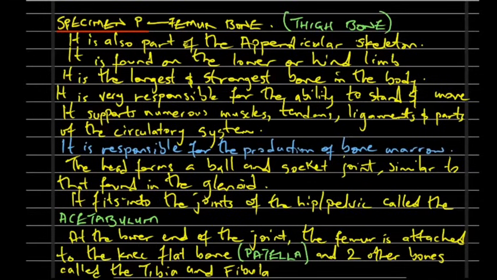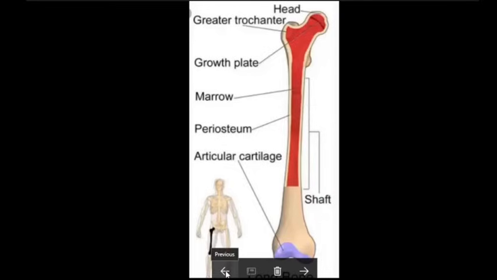So let us see what the femur looks like. This is what the femur looks like. We can see the femur here. So we can see the head of it here, which attaches into the acetabulum.